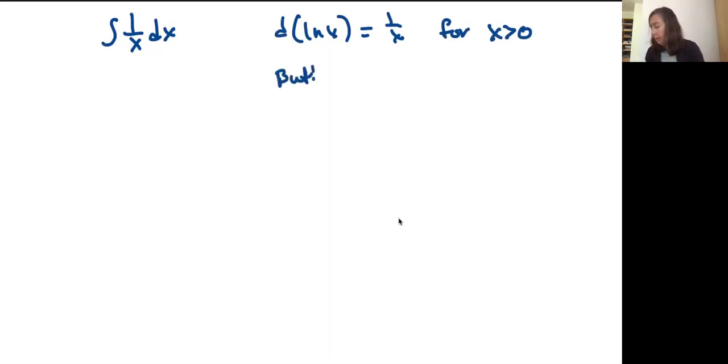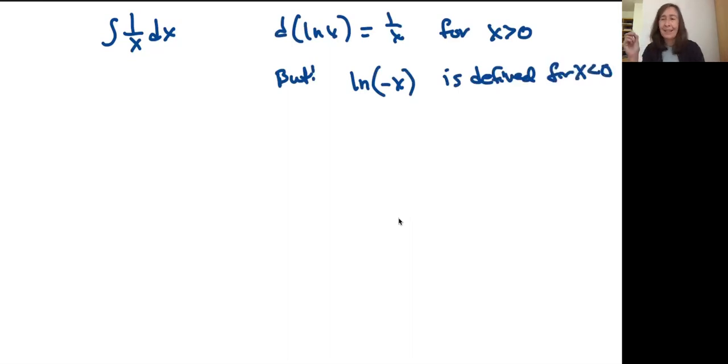Because the log of negative x is defined for x less than 0. If x is less than 0, then negative x is positive, so we can take its log, and we can find the derivative of that using the chain rule. So let's do our chain rule thing here, the derivative of the log of negative x.